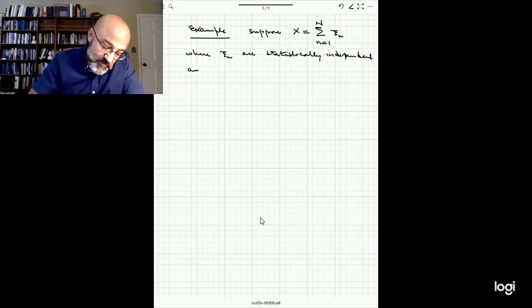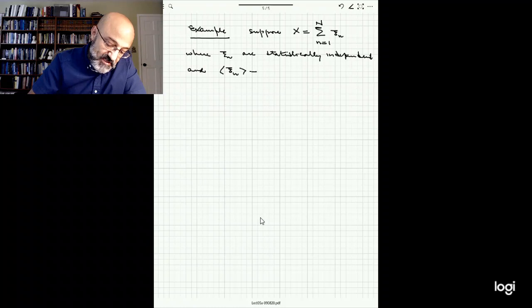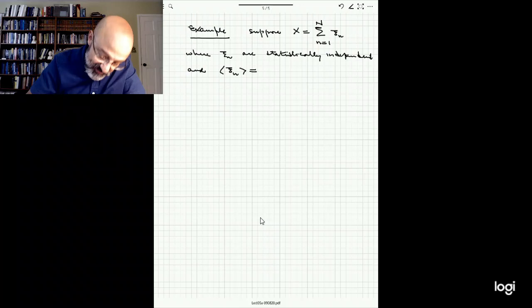And the expected value of any one of these c's is actually very small.